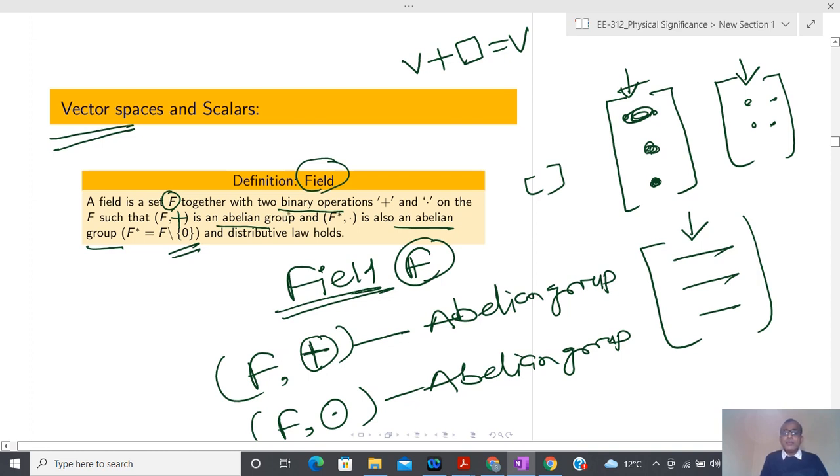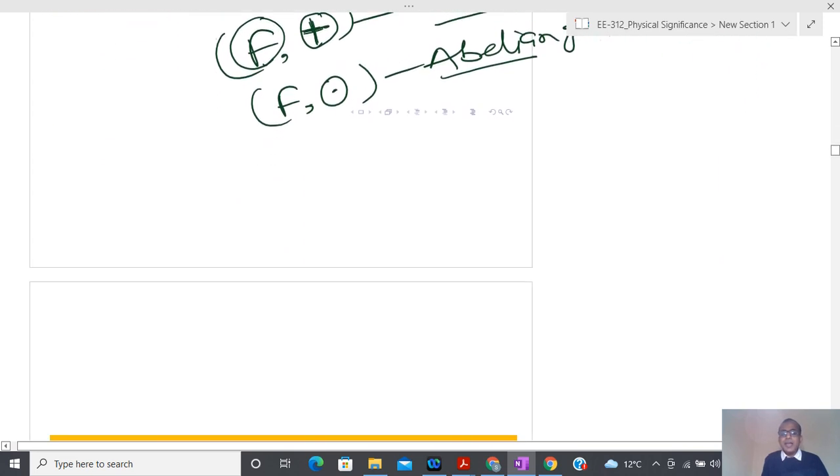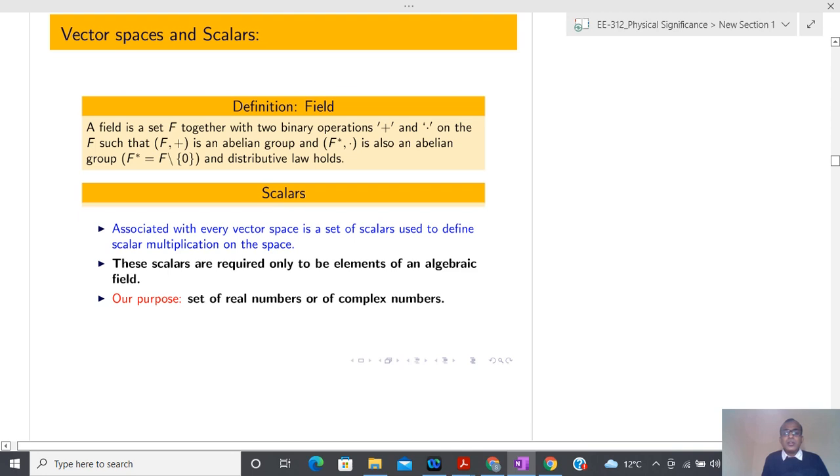Whenever we are defining a field, at that time I am taking a scalar and defining some kind of operation, an addition kind of operation, and this forms an abelian group. You can take the real numbers, and you are able to see that these two properties are satisfied. Associated with every vector space is a set of scalars.